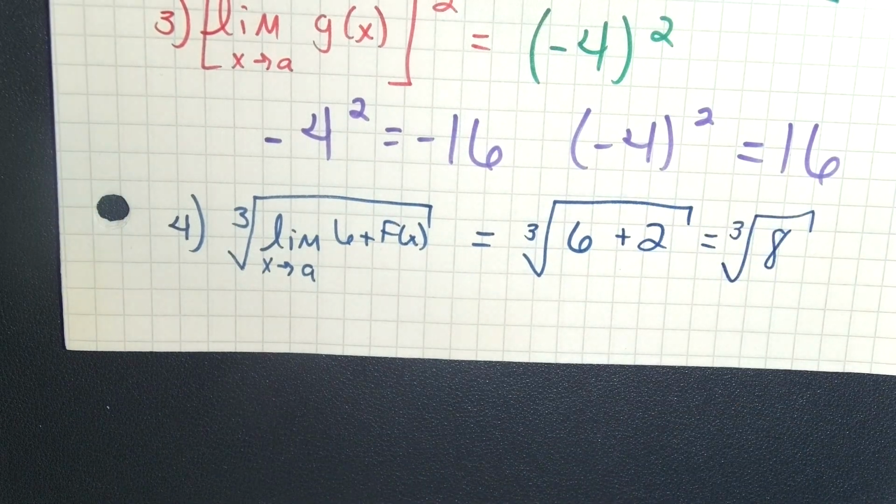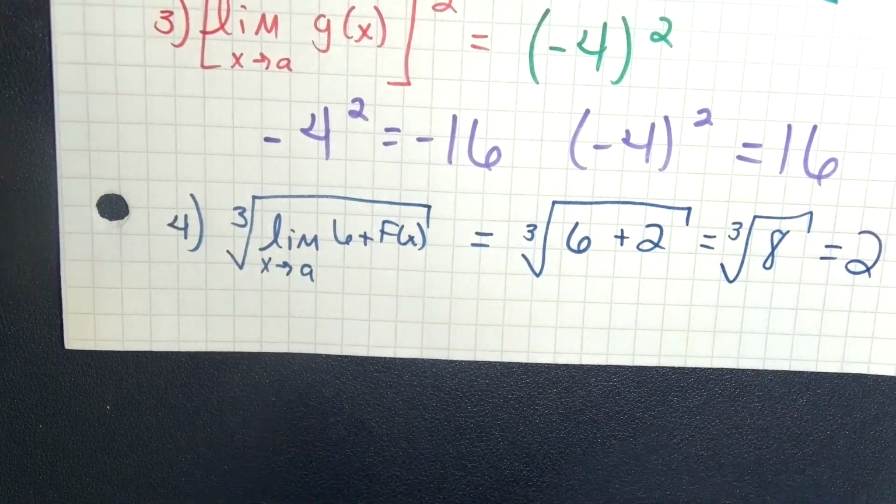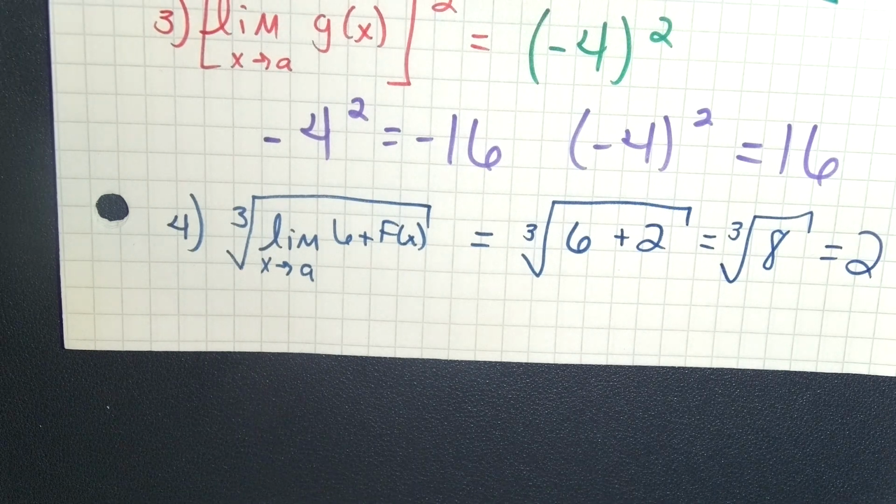All right. Without the calculator, what is the cubed root of 8? It's 2. Does anybody know how to put this in their calculator? What do we push? Second? Nope.